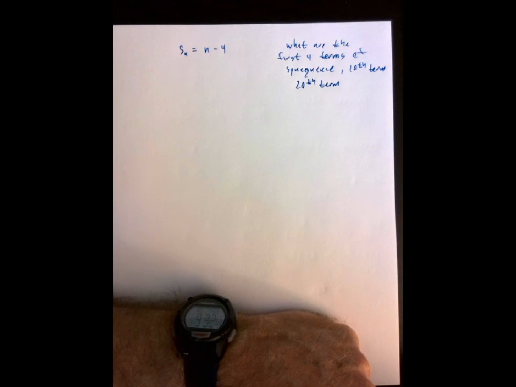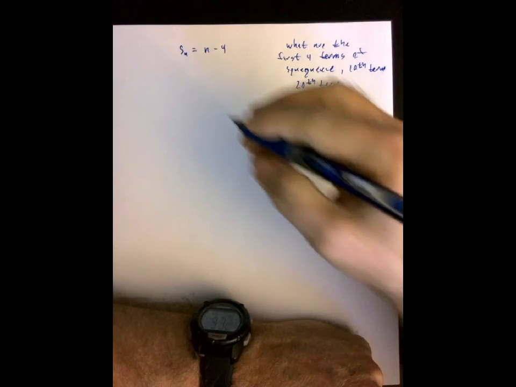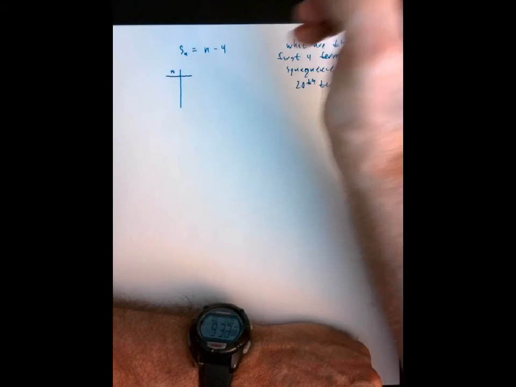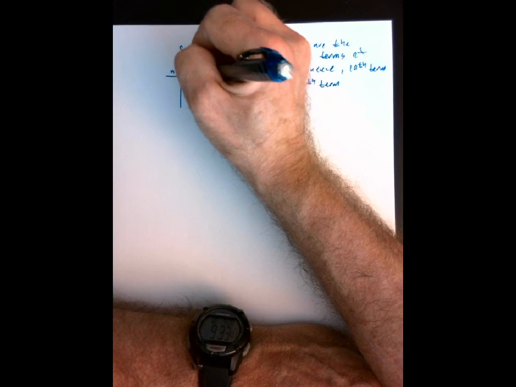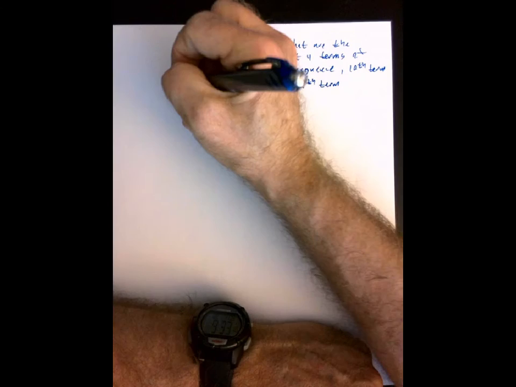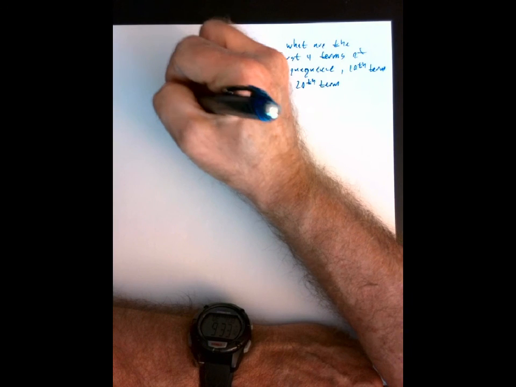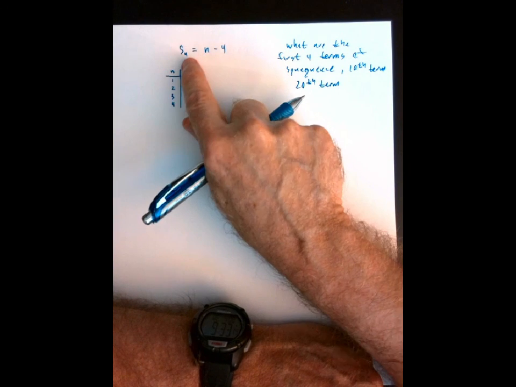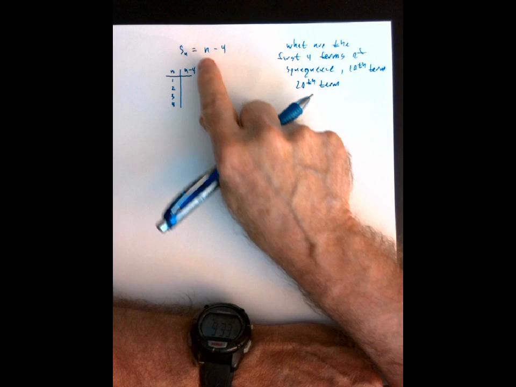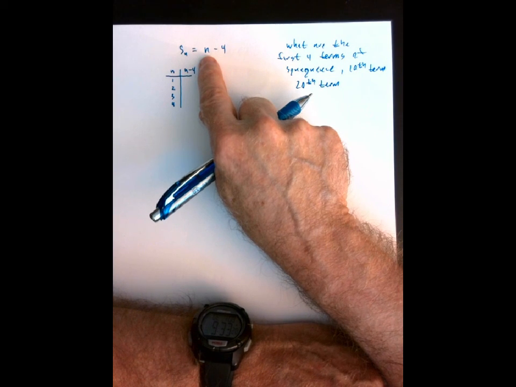Well, in order to generate that, we can make a little table, and we'll do that first. Okay? Here's n, and here's n minus 4. Now, by the way, if this looks like a formula for a function or something, then you're right. More about that later. So here's the first term, the second term, the third term, the fourth term. We merely put n is 1, n is 2, n is 3, n is 4 in for n to generate the corresponding terms.